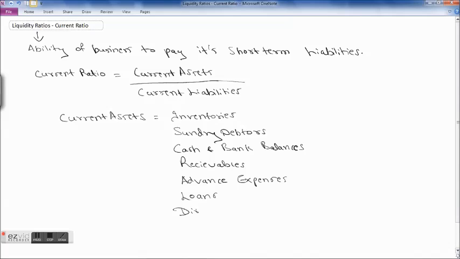Then any disposable investment. Now this disposable investment means they are not long term investments. They can be sold or disposed at any point of time.